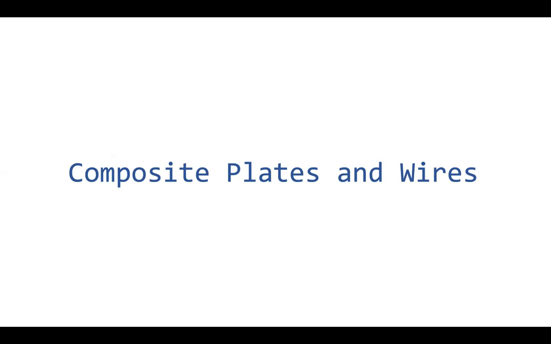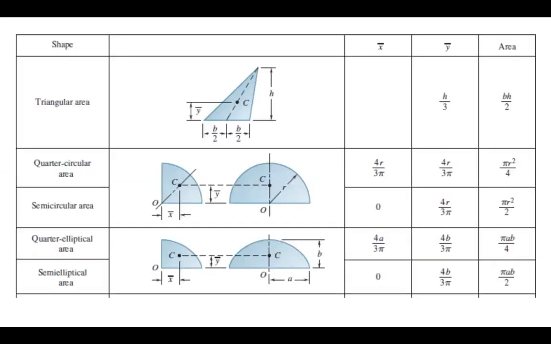Composite plates and wires. Over here we have a few commonly used shapes. You can use these for composite planes, and it's a helpful diagram because sometimes it's very hard to integrate all the time.